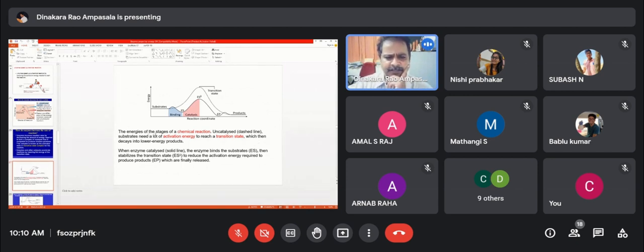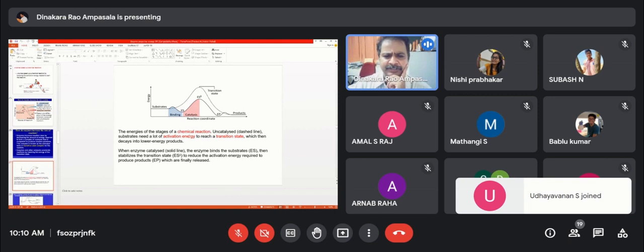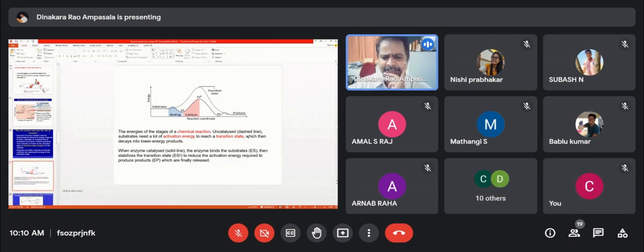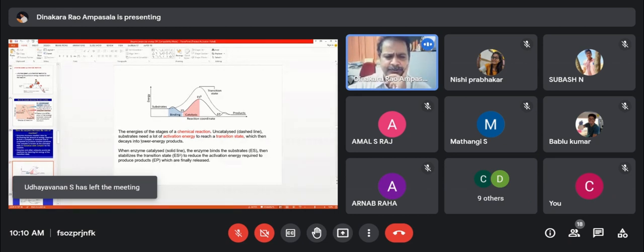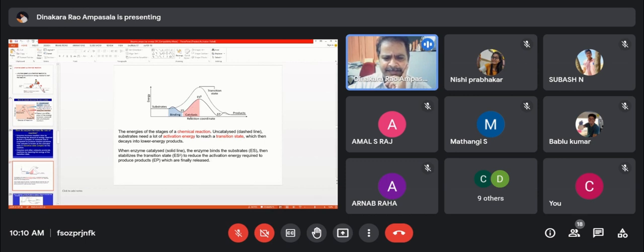Looking at the energies of the chemical reaction, in the uncatalyzed dashed line, a substrate needs lots of activation energy to reach the transition state, which then decays into lower energy product compounds. When the reaction is enzyme catalyzed, the solid line, the enzyme binds to the substrate and stabilizes the transition state, reducing the activation energy required.